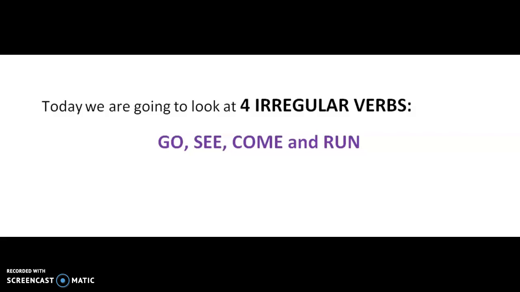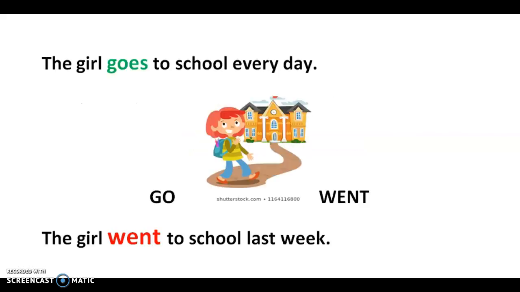Today, we're going to look at 4 irregular verbs. Go, see, come, and run. Let's look at the first verb. Go.